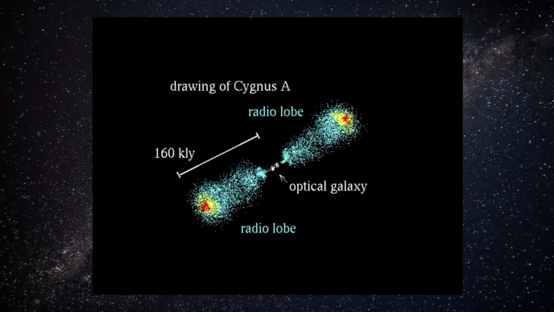The reason why this occurs is not entirely understood, but the best hypothesis is that while the electrons travel through the intergalactic medium, they encounter gases and other things, and they undergo synchrotron radiation, which is when a charged particle enters a magnetic field and then travels in a helical path, and as it does that, it produces a lot of radiation, notably radio waves.